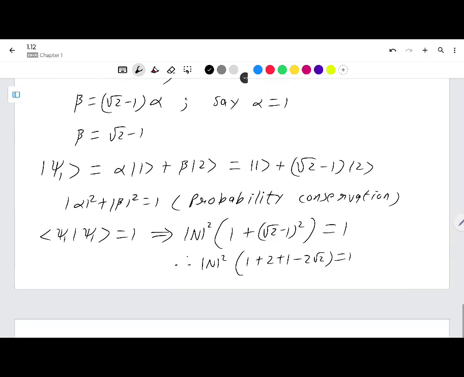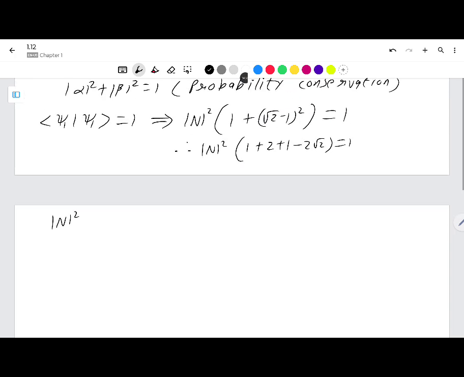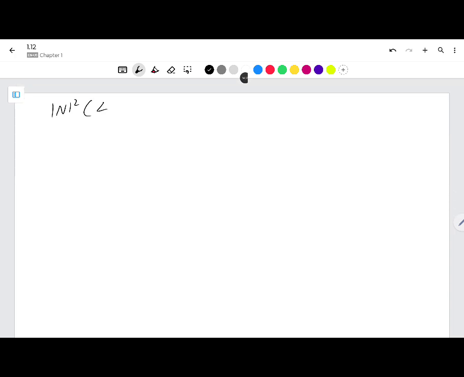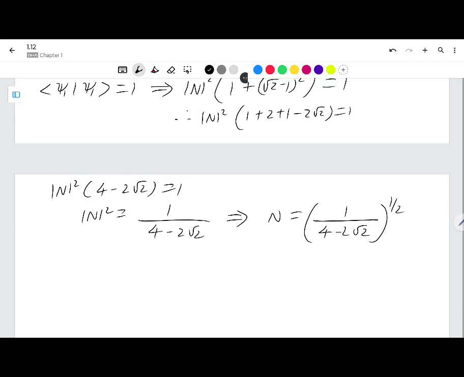So that would give me |N| square times (4 minus 2 root 2) equals 1. That would give us |N| square equals 1 over (4 minus 2 root 2). Considering N to be purely real, we say N is (4 minus 2 root 2) to the power 1 by 2, right?